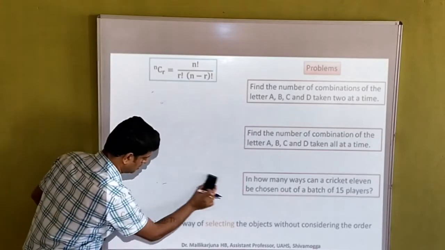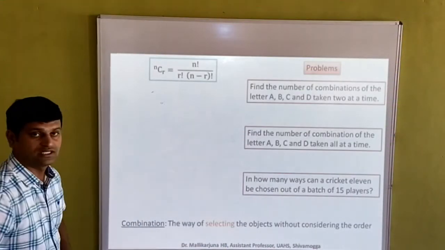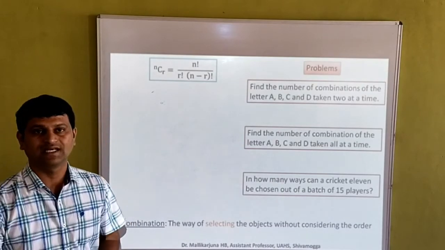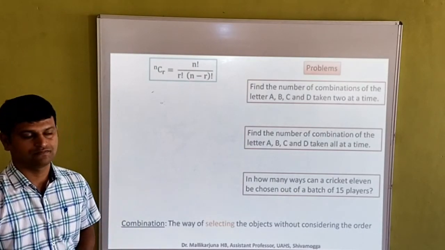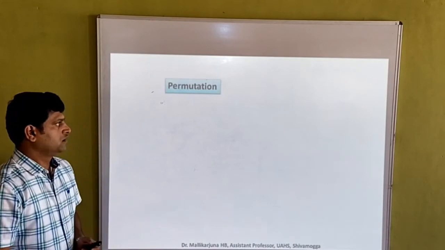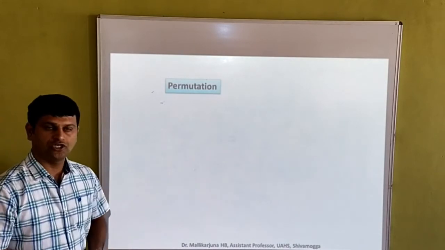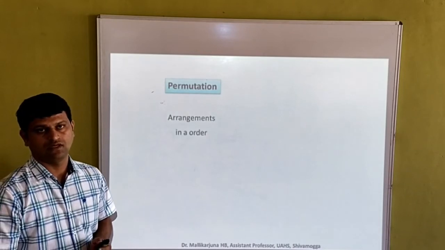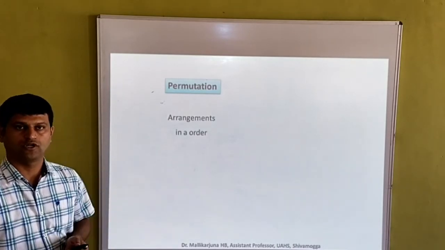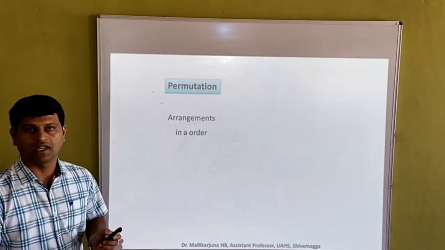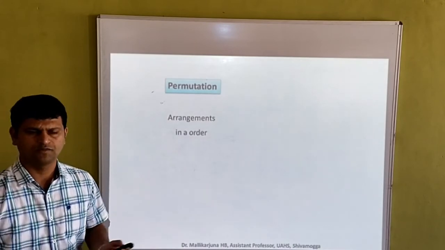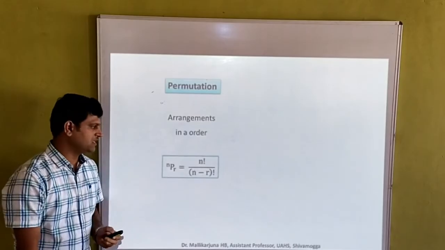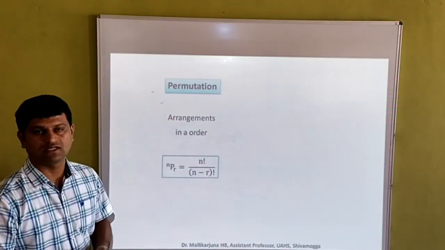Hence, combination is the way of selecting objects without considering the order. In simple terms, permutation is nothing but arrangements in order. That is important. Permutation means arrangement of objects, and the formula is nPr equal to n factorial divided by (n minus r) factorial.